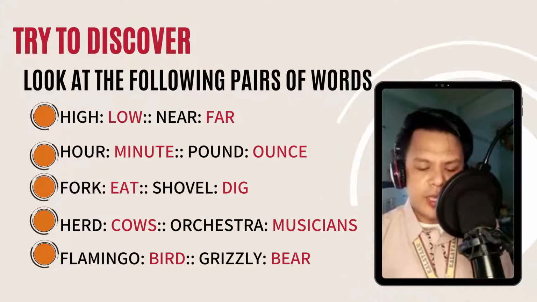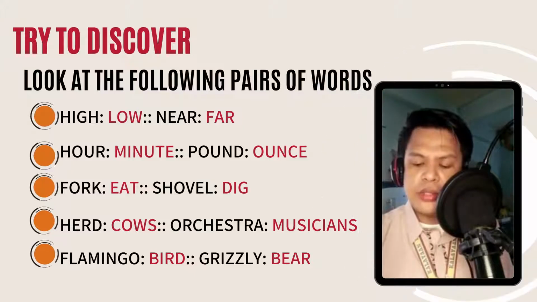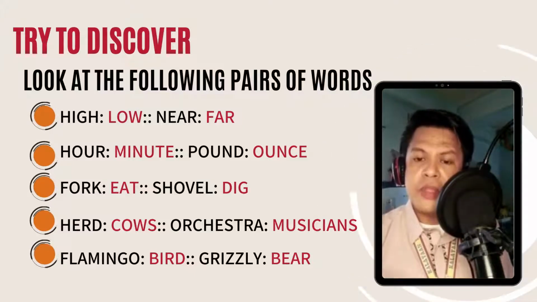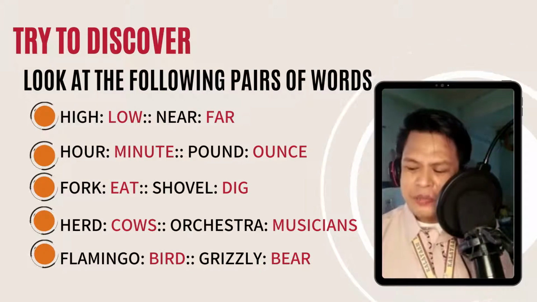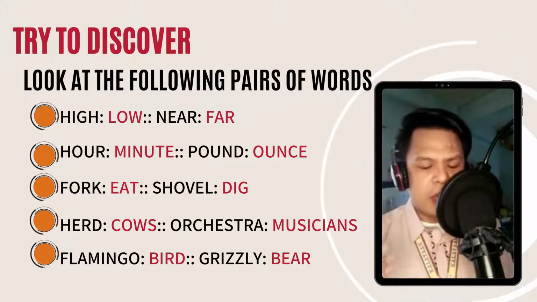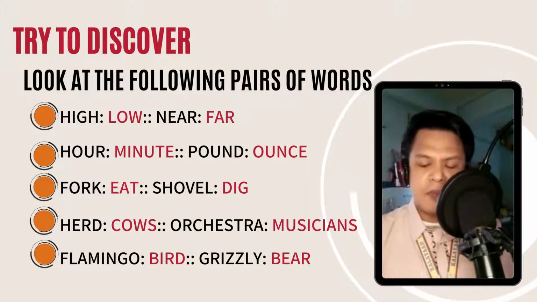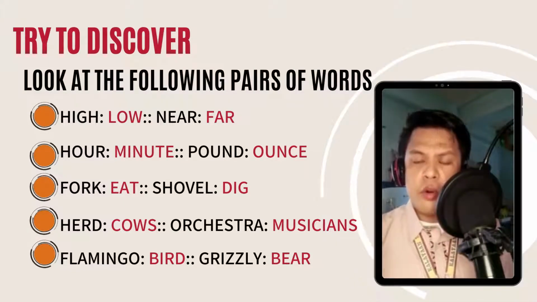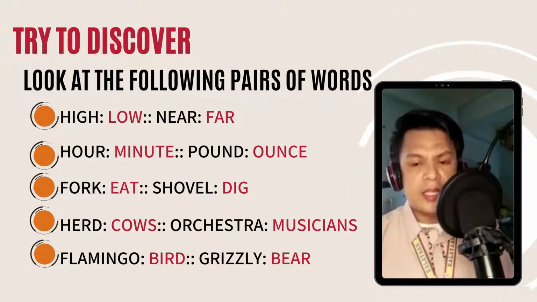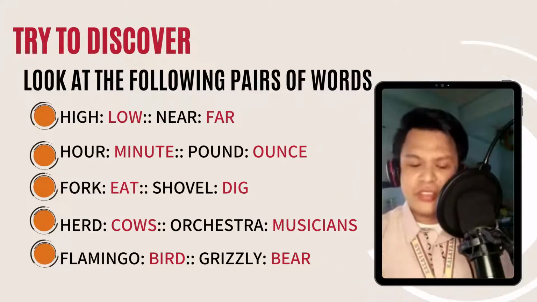Then the next words are herd, then cows, and orchestra, then musicians. That's right! A herd is made of many cows, just as an orchestra is made of many musicians. Therefore, their relationship is group to individual.